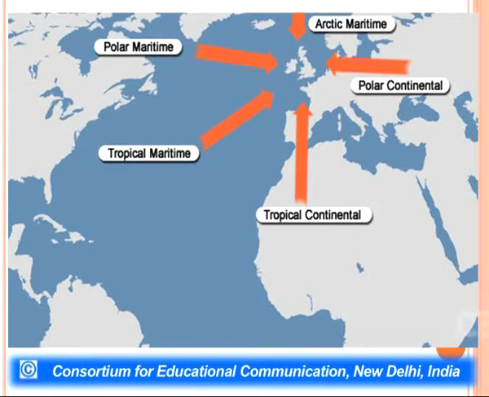Again, as you know, during winter season the westerlies are very strong. Westerly becomes brave wind. So due to the effect of westerlies and also the unstable nature of the maritime tropical air mass, it moves towards the Europe continent and enters the southern part of Europe and yields heavy rainfall.